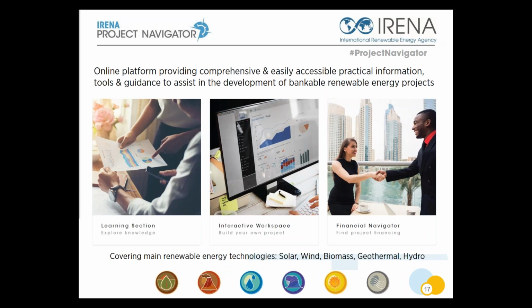As part of this platform we have for capacity building a learning section that supports and creates better understanding about the project development process. We have an interactive workspace that helps you really to use the tool to develop projects as a working platform.